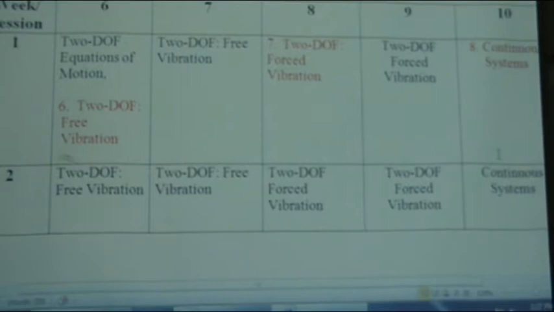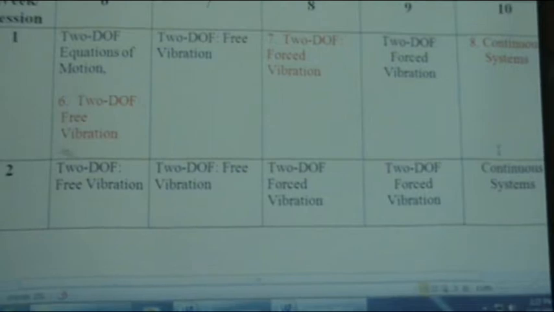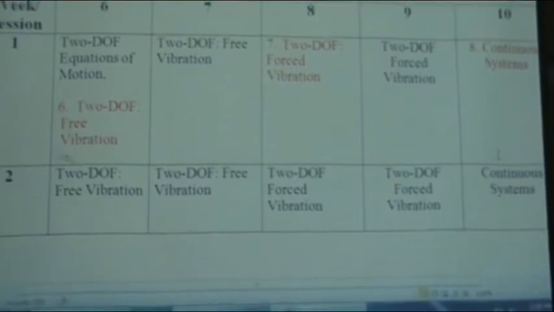Then the next topic is forced vibration, and forced vibration is expected to take for multi-degree of freedom systems 4 class periods. And in the 10th week, we'll start talking about continuous systems.